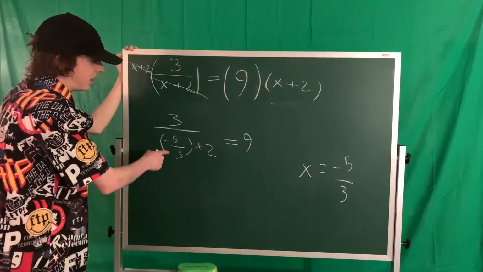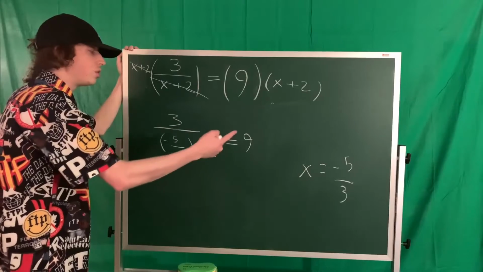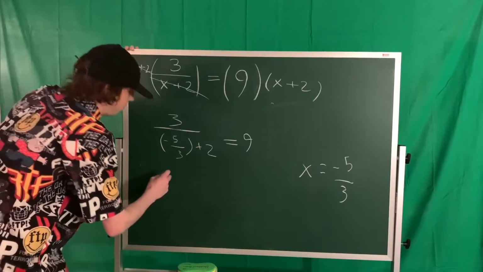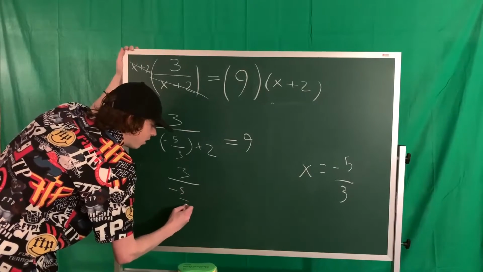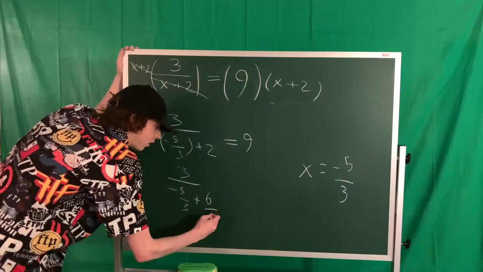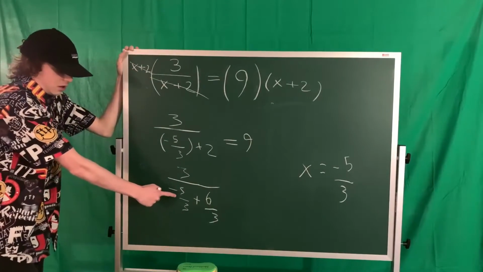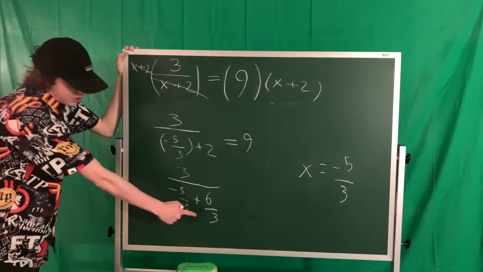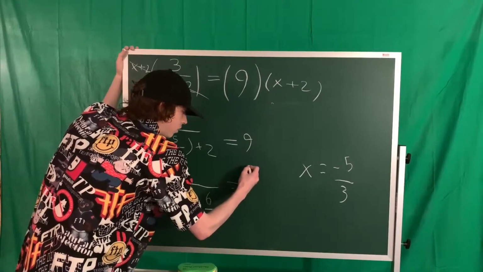So, if we have -5/3, we can make it so this 2 is equal to 6/3. So, we have 3 over -5/3 plus 6/3. -5/3 plus 6/3 is equal to 1/3.